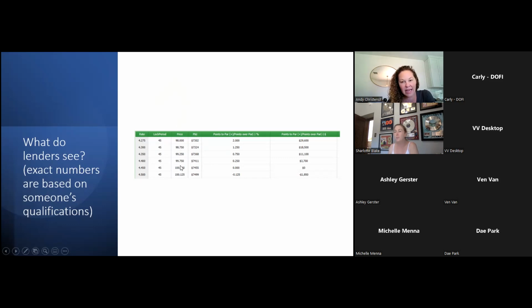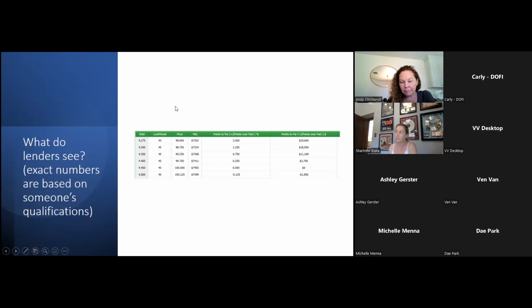To be honest, in this particular market, anybody paying to buy anything down is crazy to me, but of course it's anybody's personal decision. The moral of the story is the lender, the broker, the bank, whoever wants to get to this 100. As soon as it's below 100, it cuts into margins and potentially costs the bank, lender, or broker money, which is why it would then get charged back to the buyer.